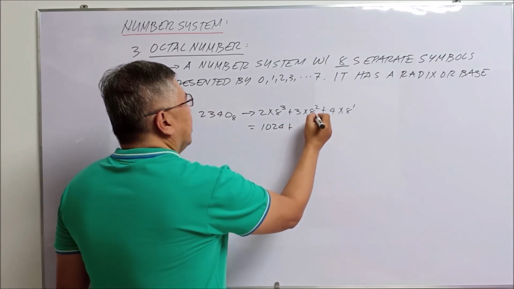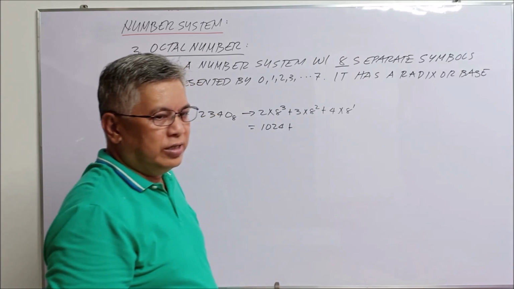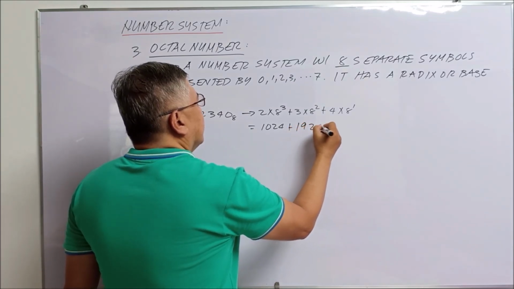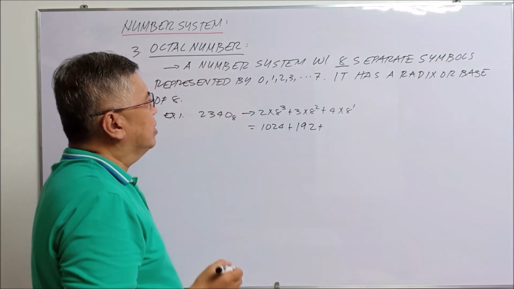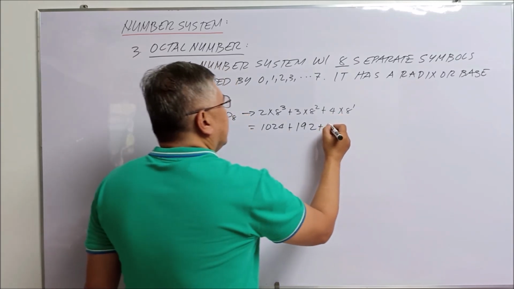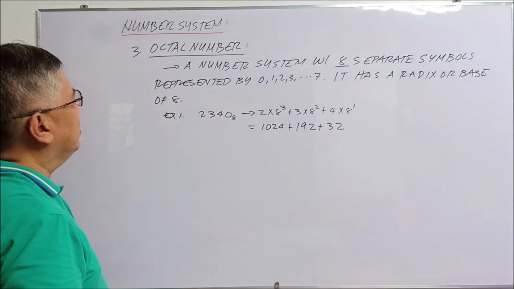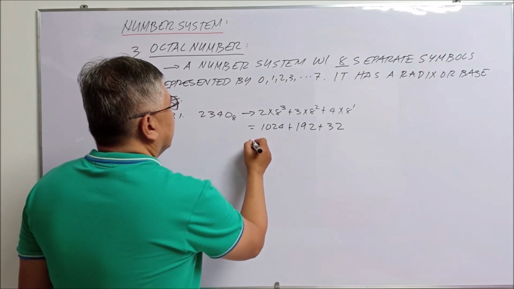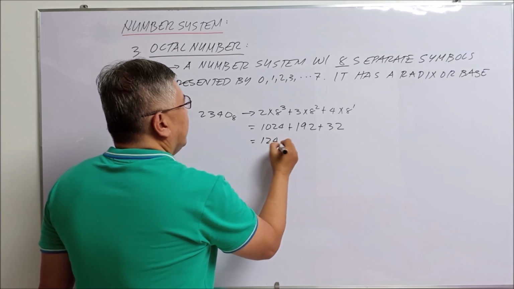Plus 8 squared is 64, times 3 is 192, plus 8 times 4 is 32. So if you add these, I think this is 1,248.